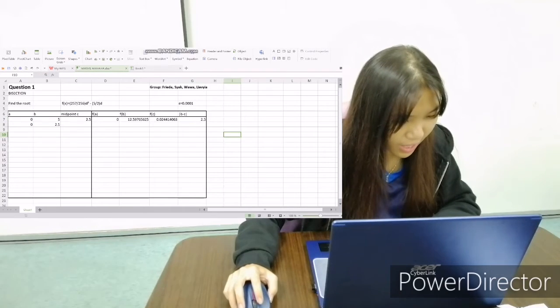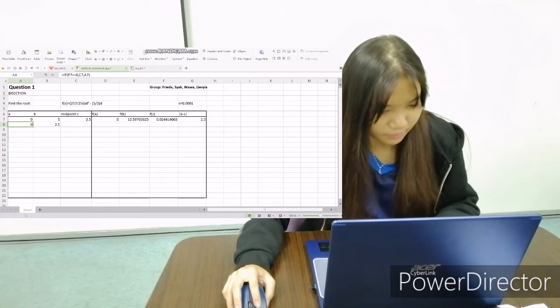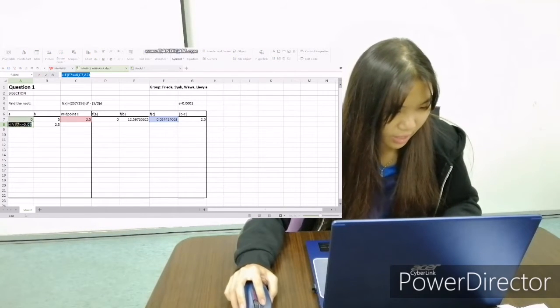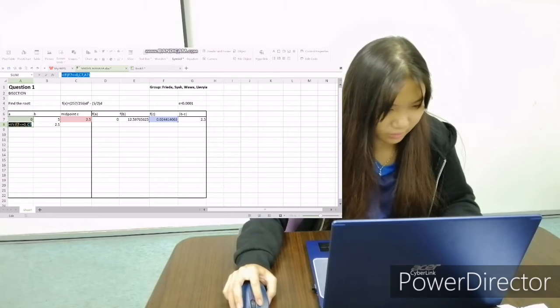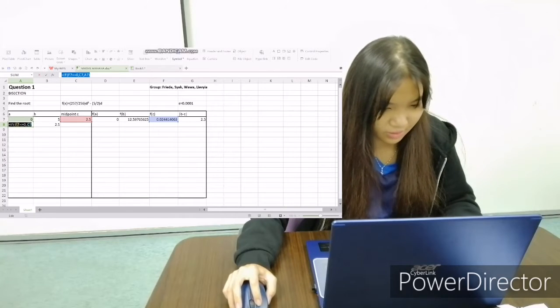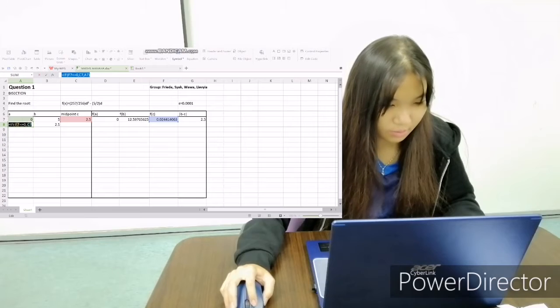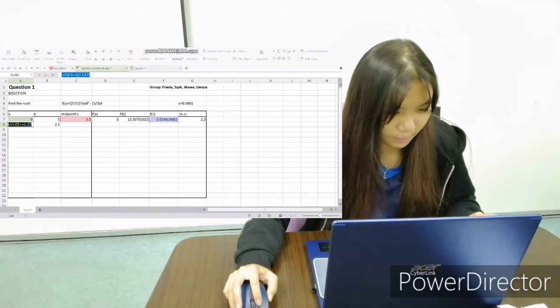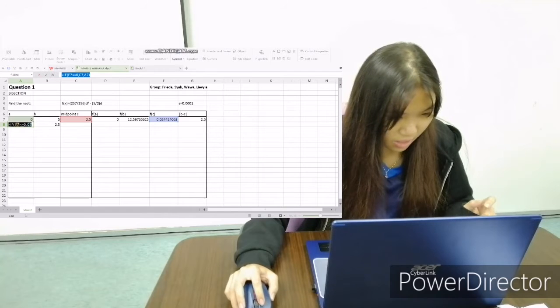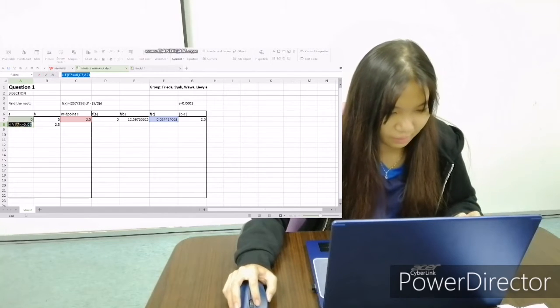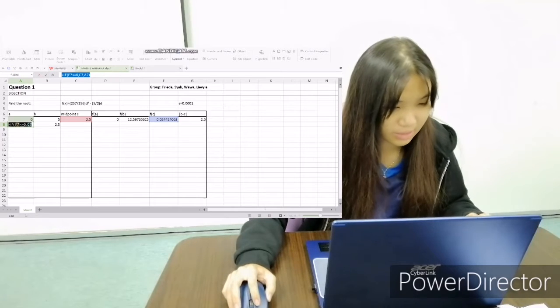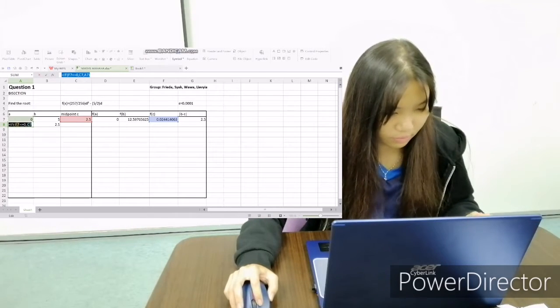For the next a, the equation is: if FC is less than 0, it takes the number of C7, the midpoint. But if the number is more than 0, it takes the number of a.